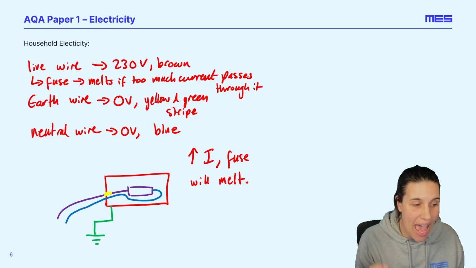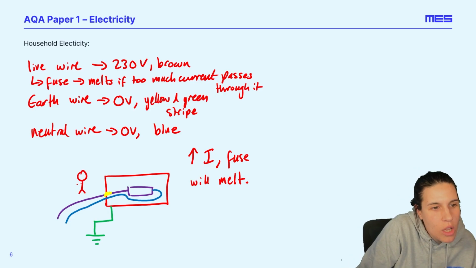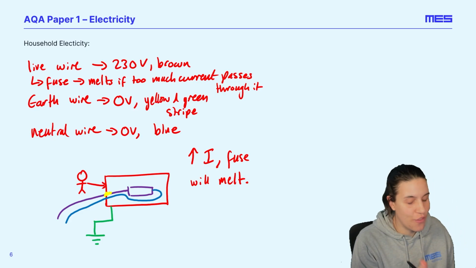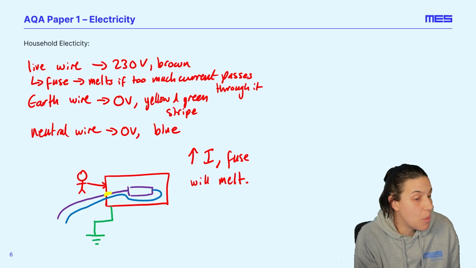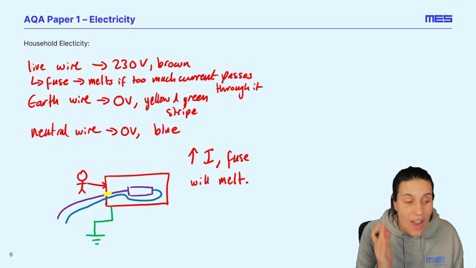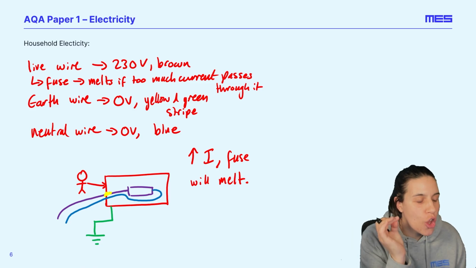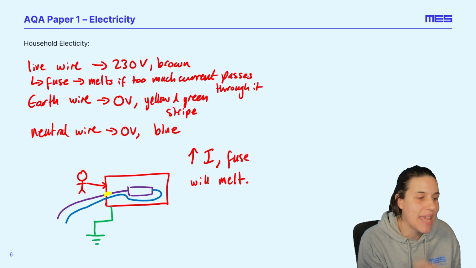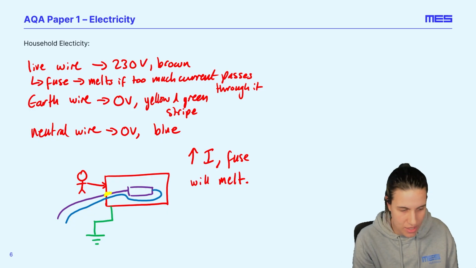Because what's actually going to happen if you didn't have this earth wire is that if you came along and touched that toaster, you are a lovely connection for the current to flow straight down to the earth, because you're about 90% water. So the current will very happily flow straight through you and give you an electric shock. So this is the main role of our earth wire, it prevents us getting electric shocks off of metal appliances.